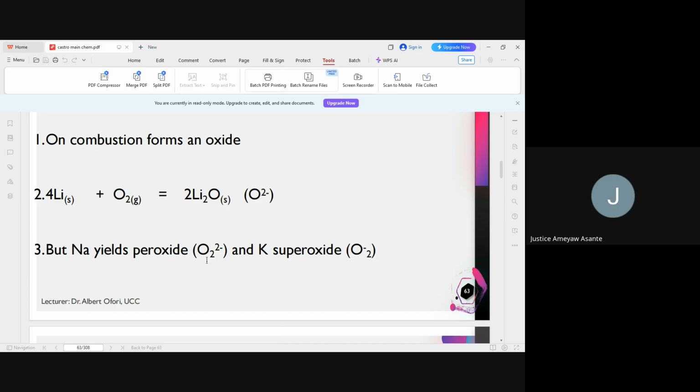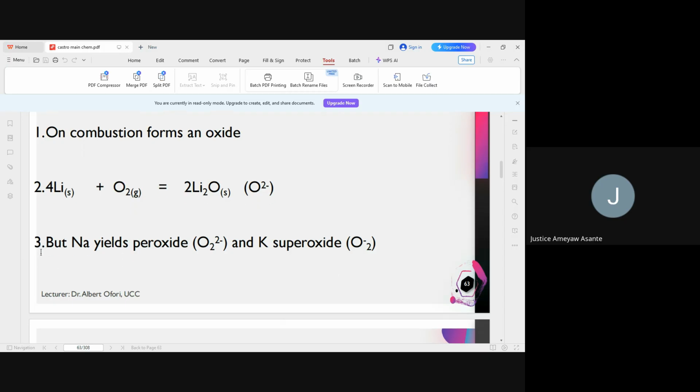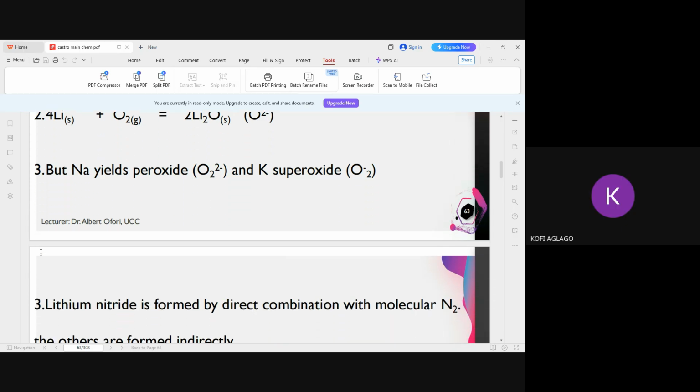This one is peroxide, that is formed by sodium. So sodium can form ordinary oxide, it can form peroxide. Then potassium forms all the 3. So lithium cannot form that. That's why you made this one, so here shouldn't be 3. Okay, sir. Thank you.